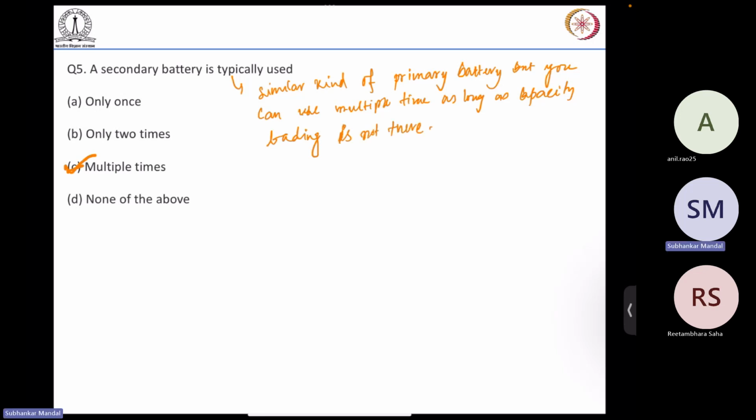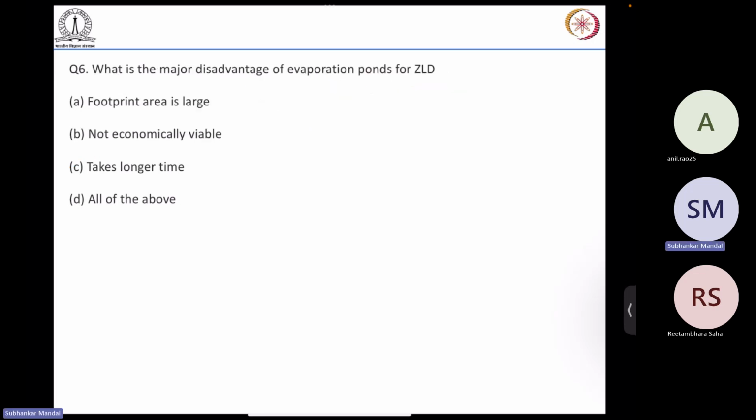So after some time, if there is so much loss of capacity, then you can discard this secondary battery.